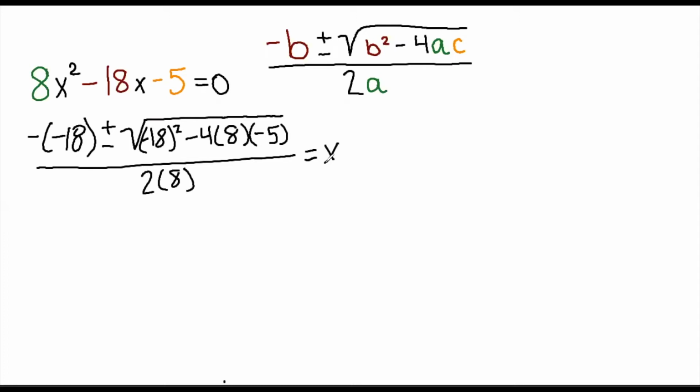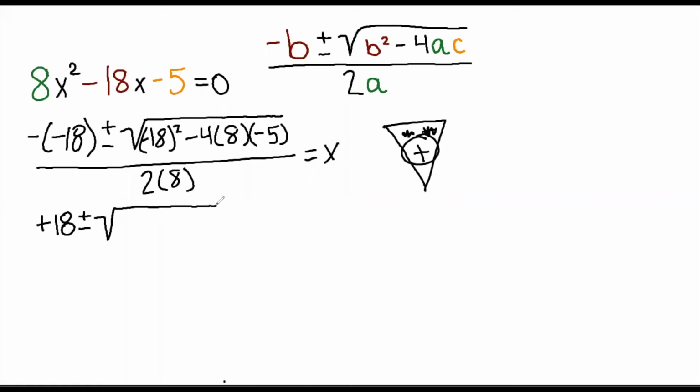Okay, so with Pizza Pete, we have our 2 negative eyes and our positive mouth. So that minus negative 18, we will scribble out a negative eye and then the other negative eye because we have 2 negatives there. So we're only left with a positive, so that becomes positive 18 plus or minus the square root of, okay, the same thing is going to be there with our negative 18.